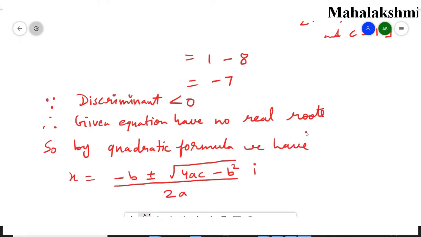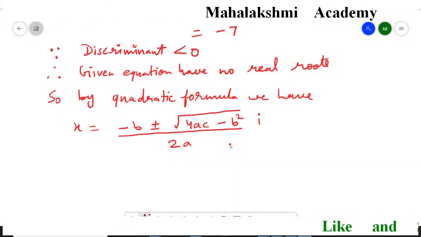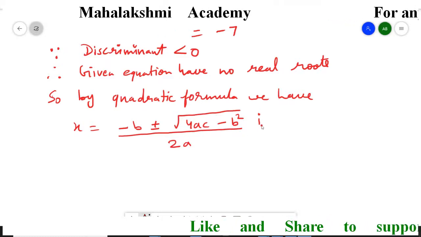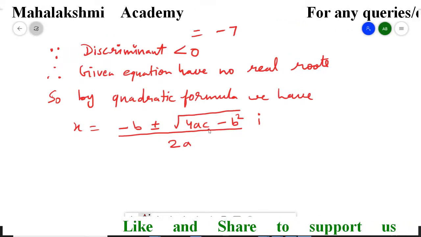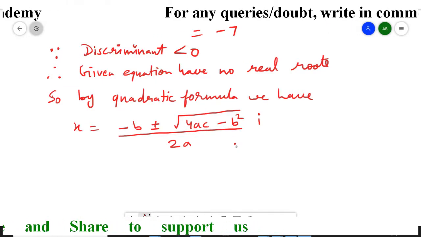This formula is already available in our NCERT book: if the roots are not real, in that situation the quadratic formula is like this, meaning iota will come along with the discriminant, and the terms in the discriminant subtraction will interchange.